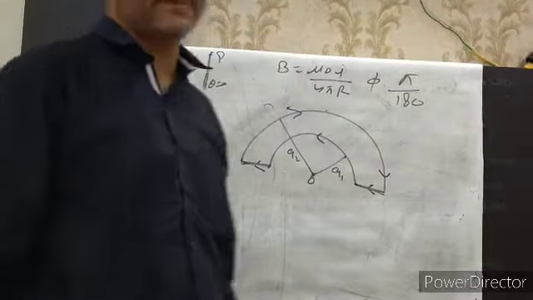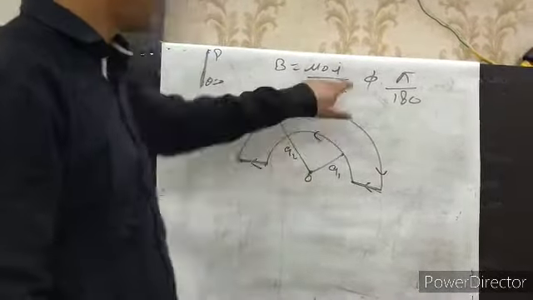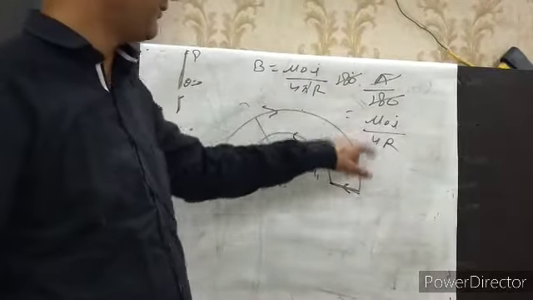The magnetic field due to a semicircle: for a semicircle, the angle is 180 degrees. The bigger loop makes 180 degrees, the smaller loop also makes 180 degrees. So for a semicircle, phi is 180 degrees, which is pi. Pi cancels, and you will get mu naught I by 4r. The magnetic field due to a semicircle is mu naught I by 4r.